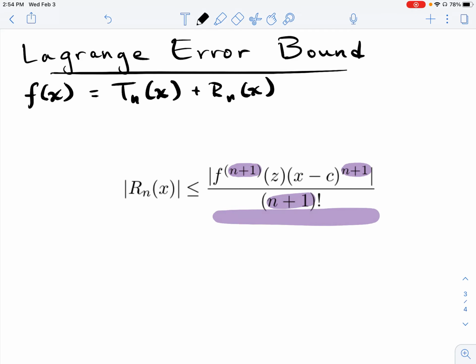So it's the next term in our Taylor series. But if you look at it closely, you'll notice that the biggest difference here is that we're evaluating our n+1 order derivative at z. Now let's pause and make sure we understand what we're saying here.